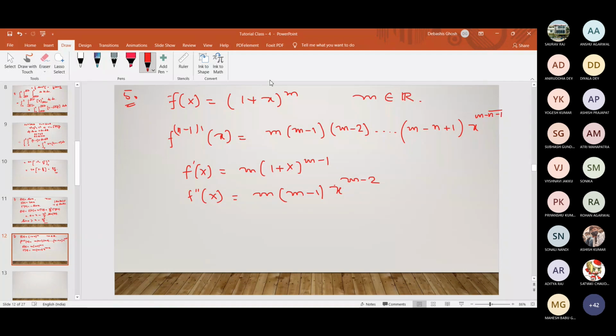And therefore here we have minus 1, and this would be less than 1, and that is m minus n, m minus n, minus n, total minus 2.